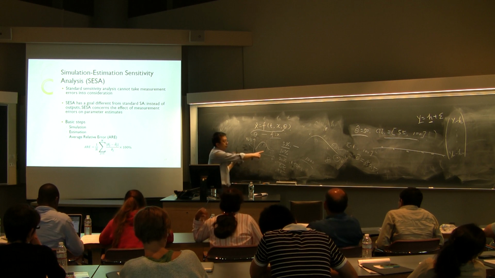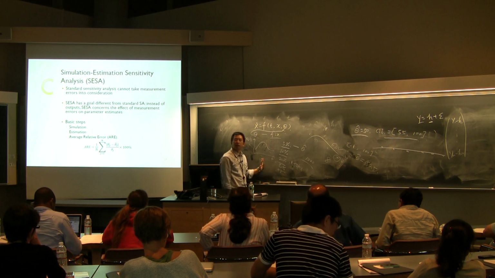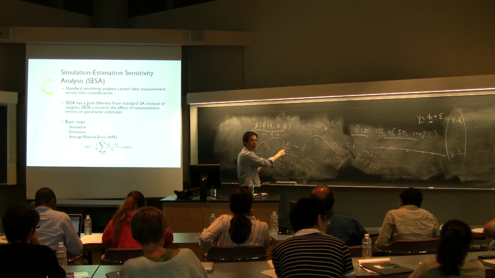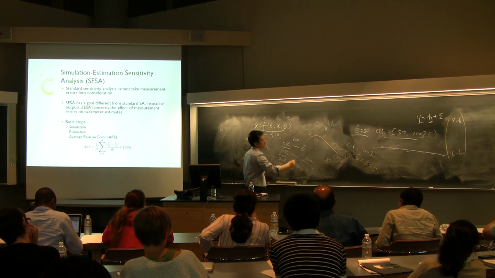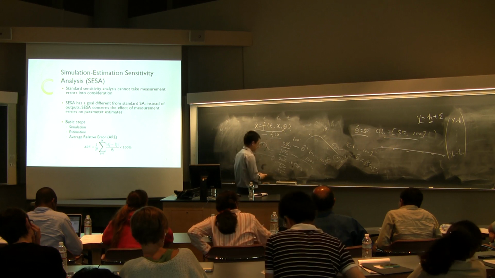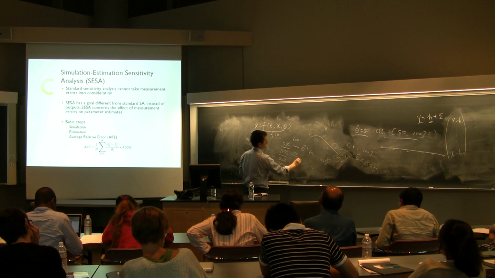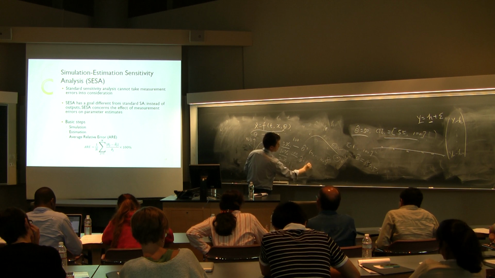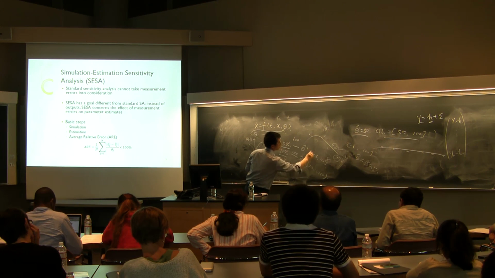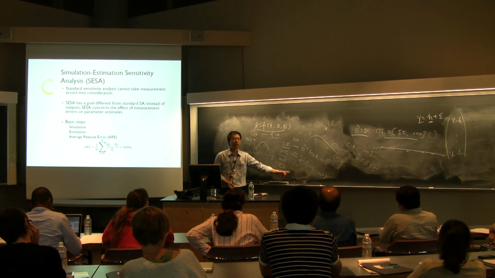Then we fit each data set and get an estimate. For example, here for the 5% noise level, we generate 100 data sets, then we get 100 estimates. Same thing for this level: I also generate 100 data sets and get theta j, where j is from 1 to 100. This is i equals 1. Clear? Do the same thing here.